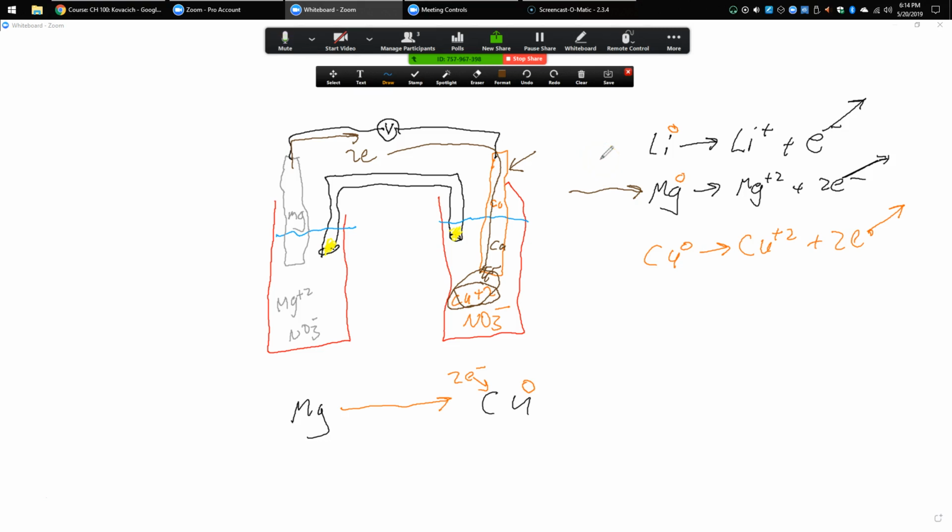So what's happening to the magnesium bar? It's shrinking. Absolutely. So can you tell me one way a battery could go dead? The magnesium just is all used up, it's gone. Yep, that's exactly right. It gets all used up.